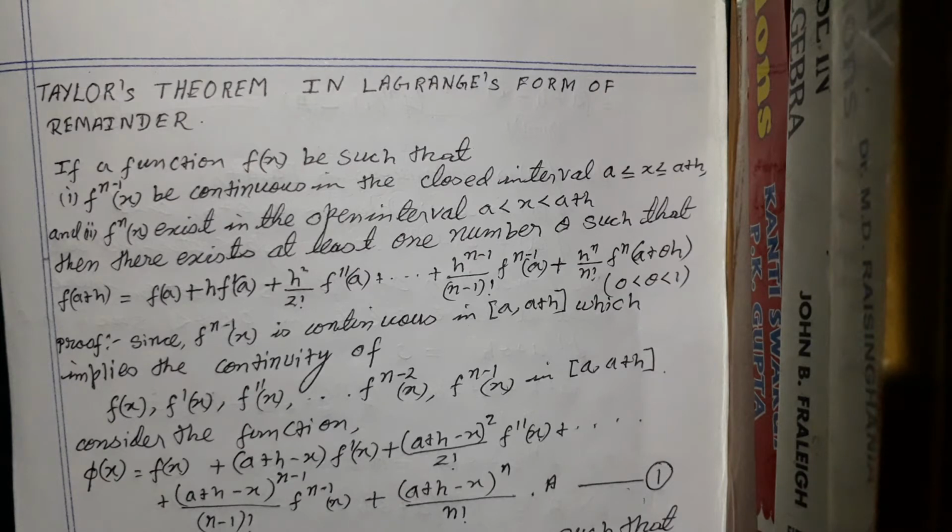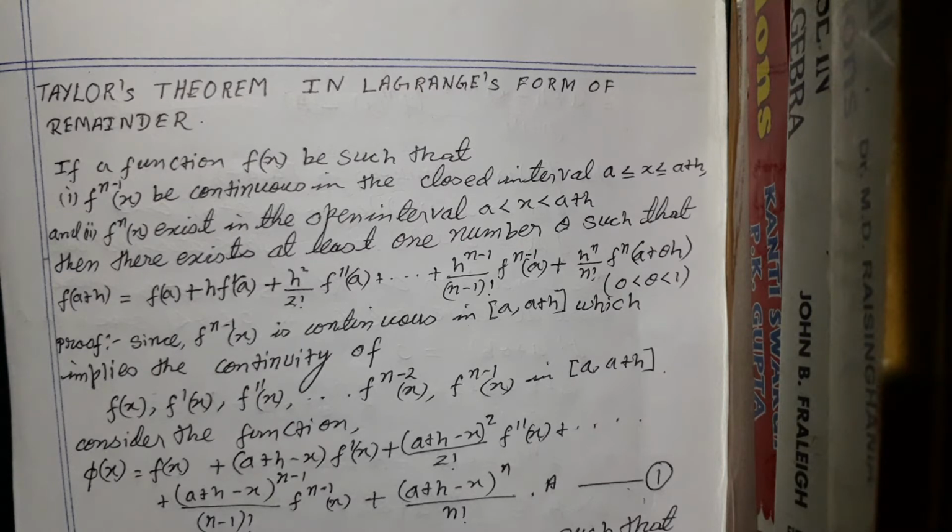Using condition 1, since f^(n-1)(x) is continuous in the closed interval [a, a+h], all the lower order derivatives, less than or equal to n-1, should be continuous.